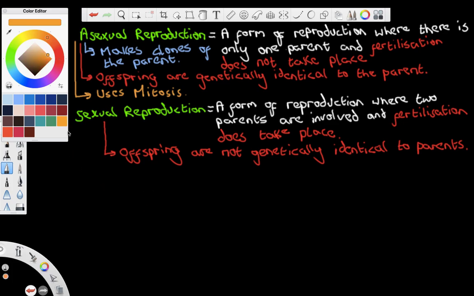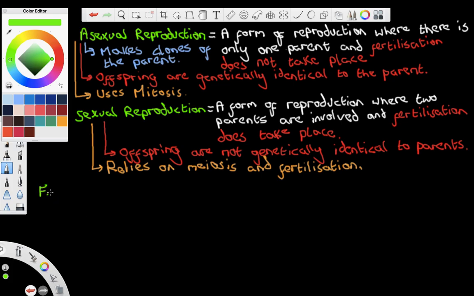Yeah, these are just things that are coming off the top of my head. Sexual reproduction relies on meiosis and fertilization. So it relies on meiosis and fertilization. Fertilization can be defined as when two gametes fuse together or two gametes join.